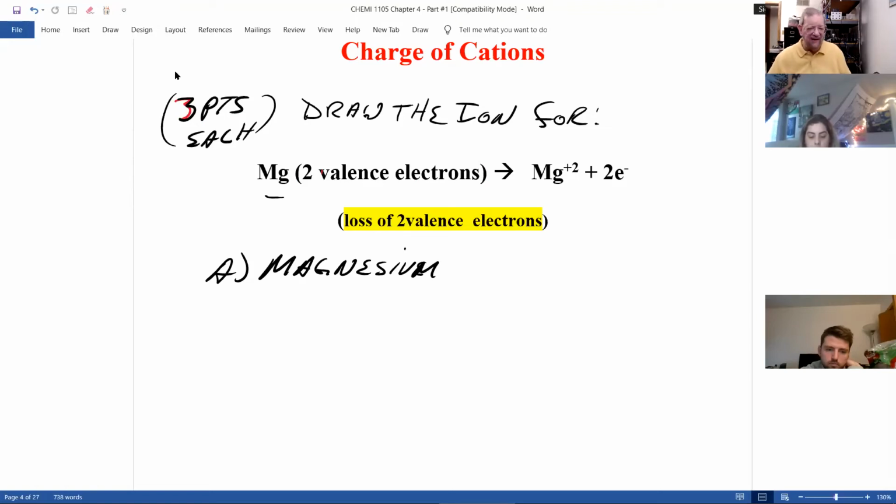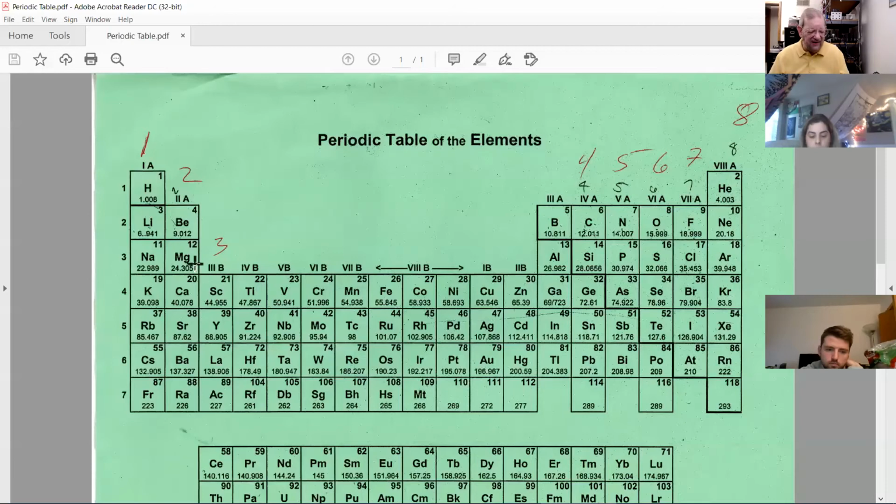How do you do that? Now I have one way here, but the best way is the following. Let's look at magnesium. The first thing you have to do is figure out how many electrons and protons magnesium has. Well, you have to look at the periodic table.